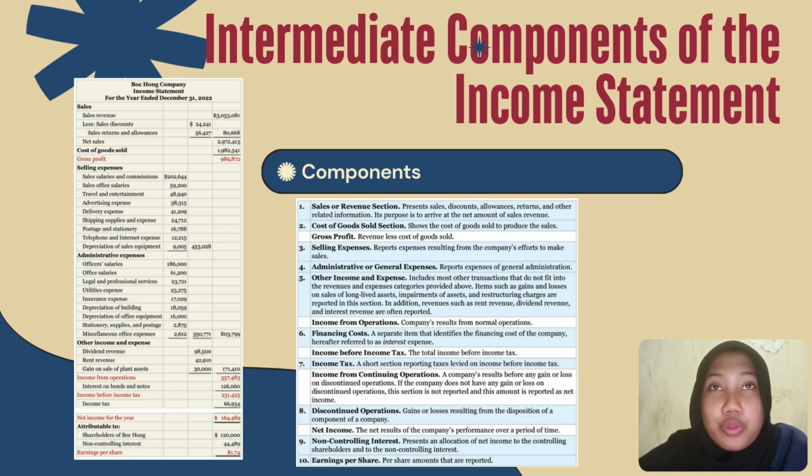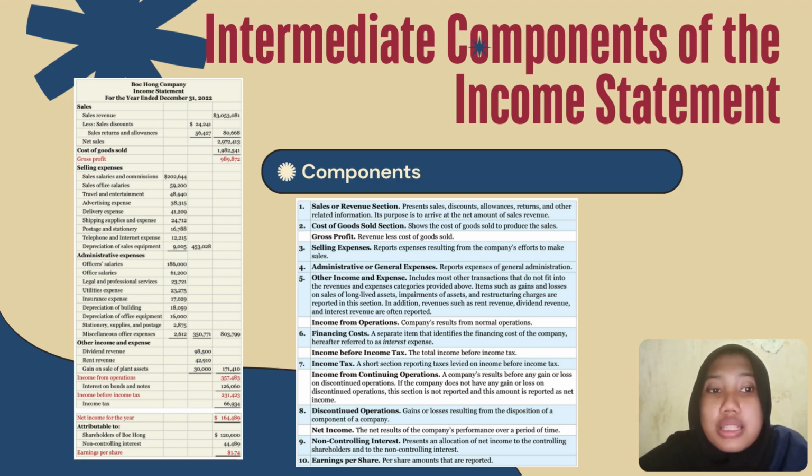And then we get the income tax, a short section reporting tax levied on income before income tax. And then income from continuing operations, the company's result before any gain or loss on discontinued operations. If the company does not have any gain or loss on discontinued operations, this section is not reported and this amount is reported as the net income.